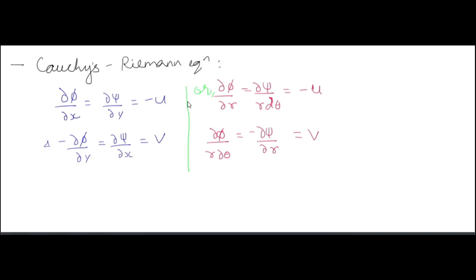In polar coordinates, dou phi by dr is equal to dou psi by r d theta, and dou phi by r d theta is equal to minus dou psi by dou r. Okay, u and v are components of velocity.